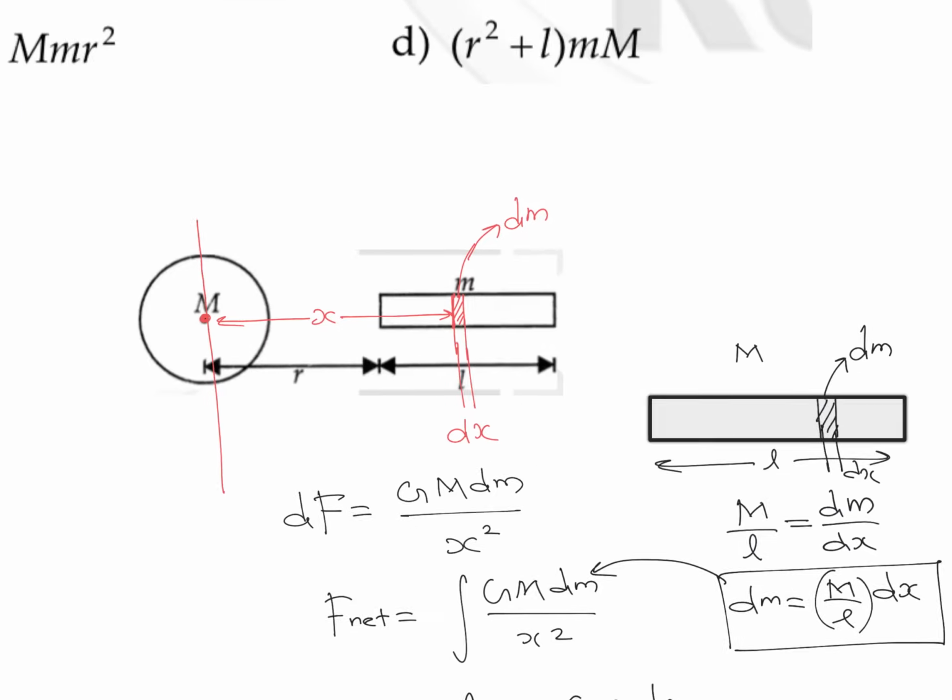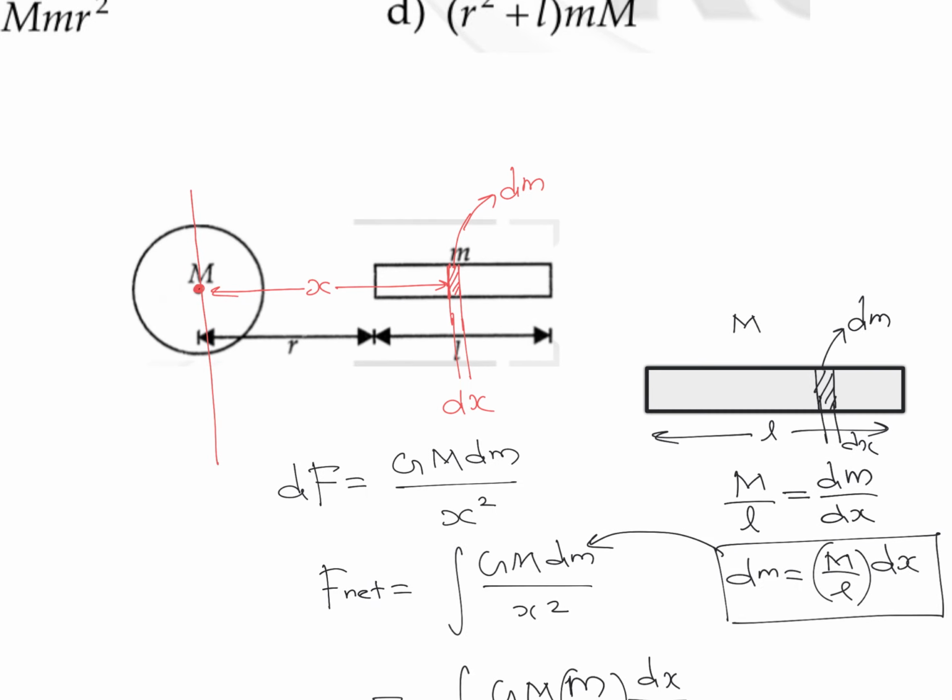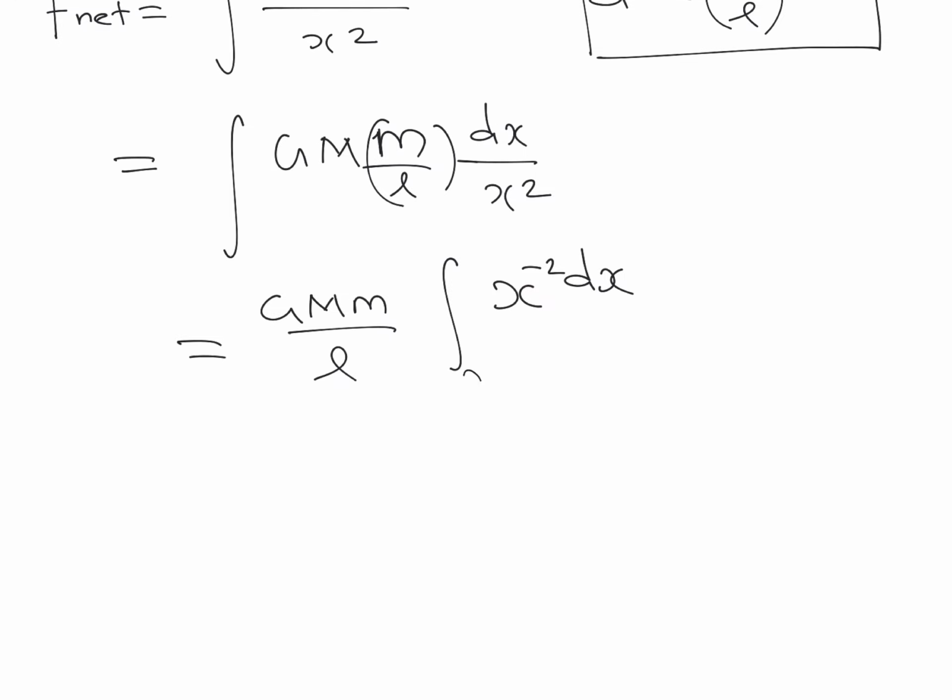Now we need to identify where x is changing from and to. For this point the value of x is r, and for this point the distance is r plus L. So the limit changes from r to r plus L.